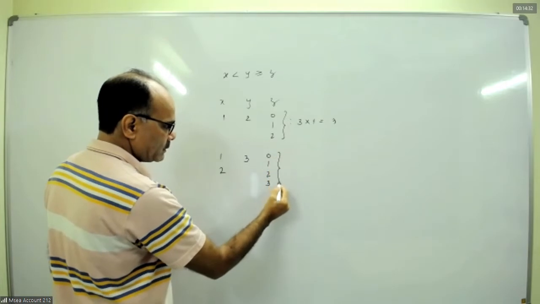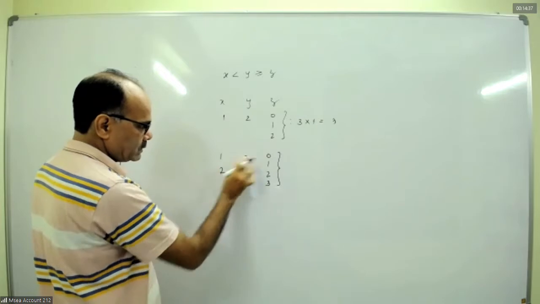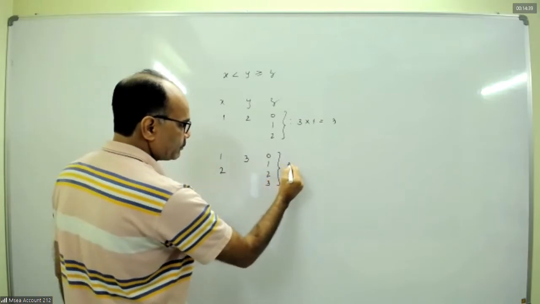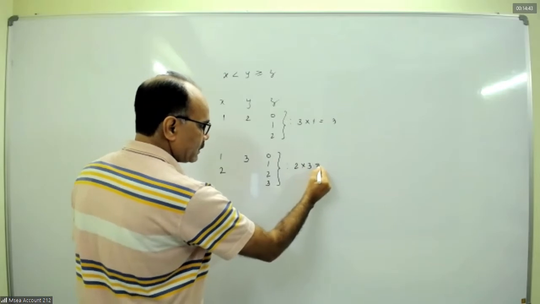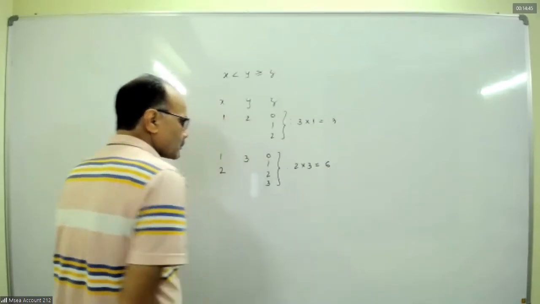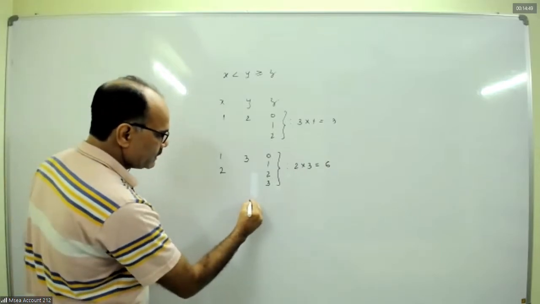Total 4 numbers: 130, 131, 132, 133, 230, 231, like that. Total numbers of this type will be 2 into 3 equals 6. Here it is 4.